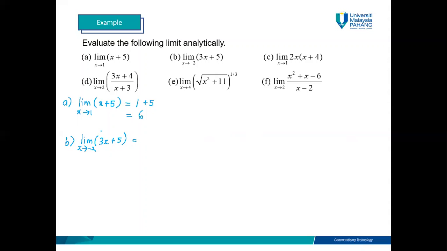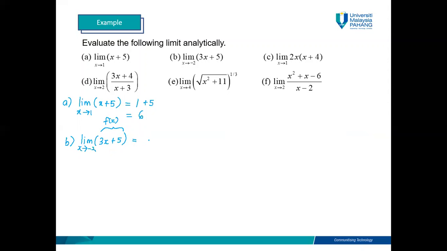Sekarang function ni adalah satu function which is a linear function lah. Jangan salah anggap nanti bawa 3 pergi depan. How about 5? Bila you bawa 3 pergi depan, you already change the origin of the equation. Okay?